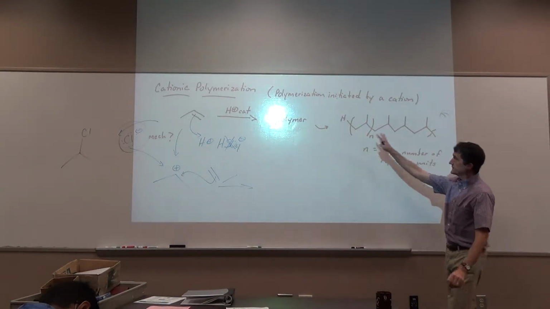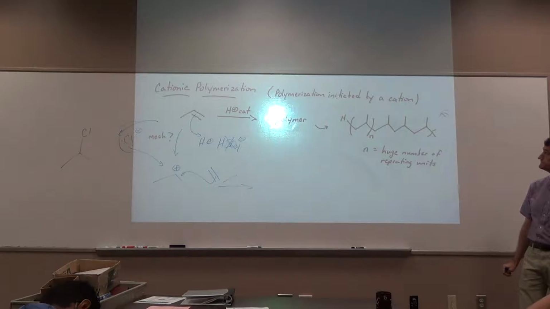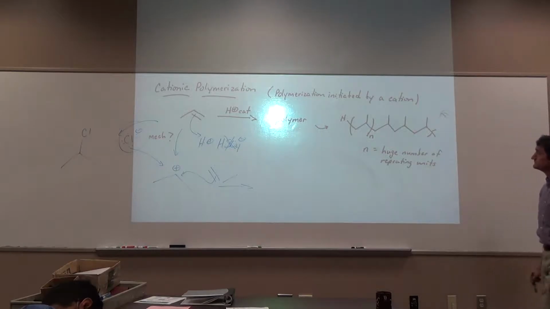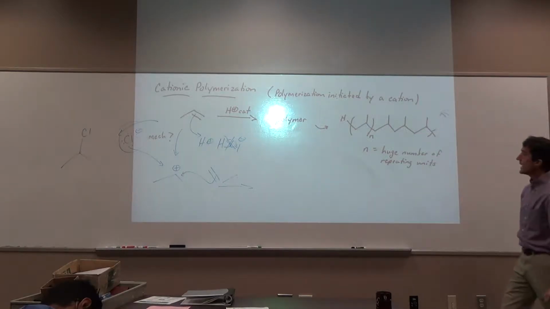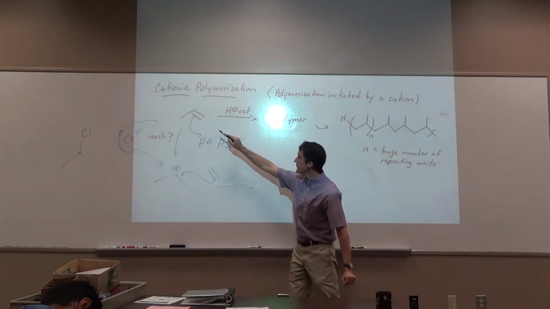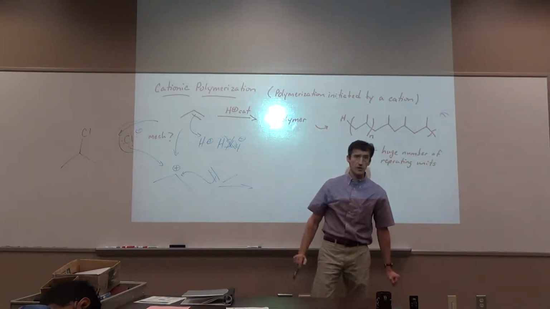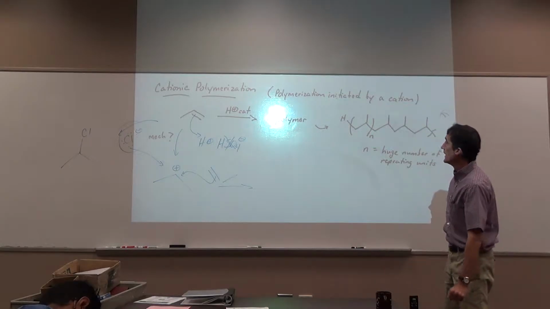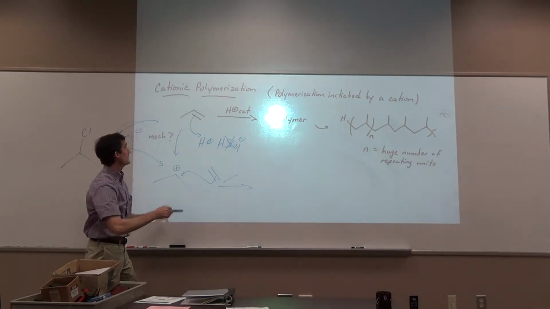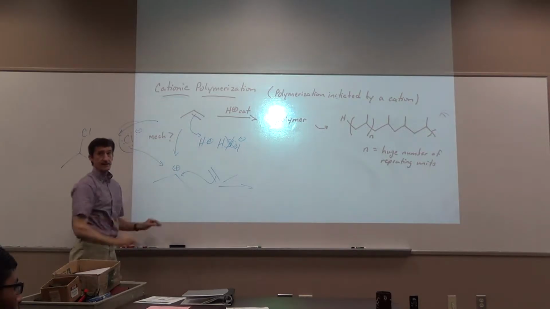Any questions about this polymerization? Think mechanistically, ability to show a repeating unit. This reaction started by reacting with a H plus cation. We just call this cationic polymerization because it was initiated by a cation.